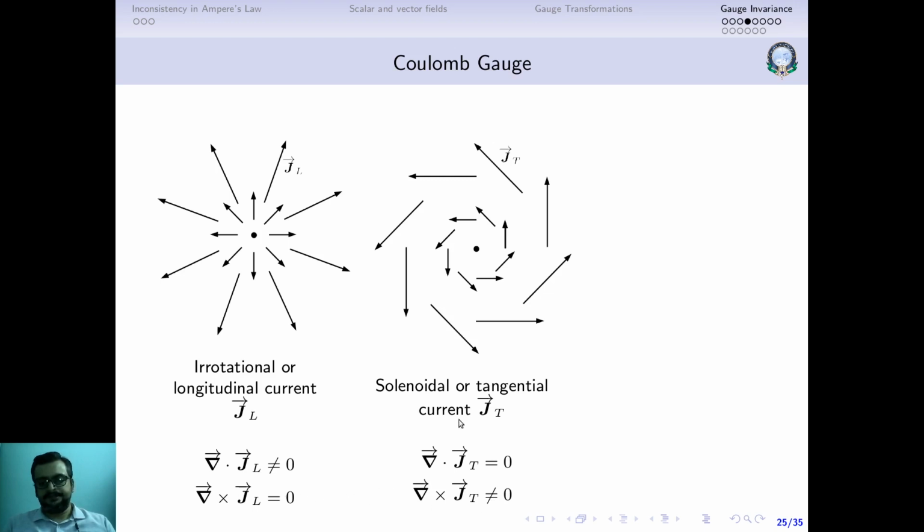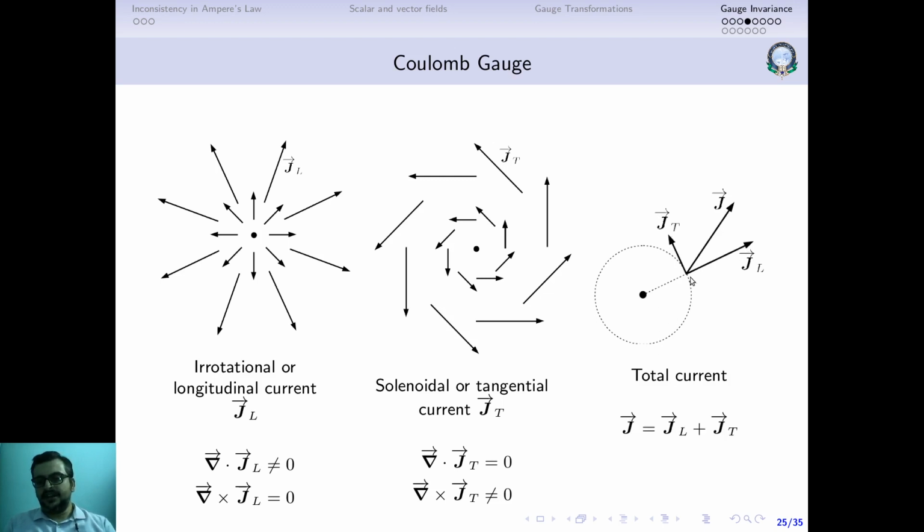Now why are we referring to this? At a particular point, suppose this is the total current J. This total current I can always break down into a longitudinal component and a tangential component, JL and JT. So J is equal to JL plus JT.